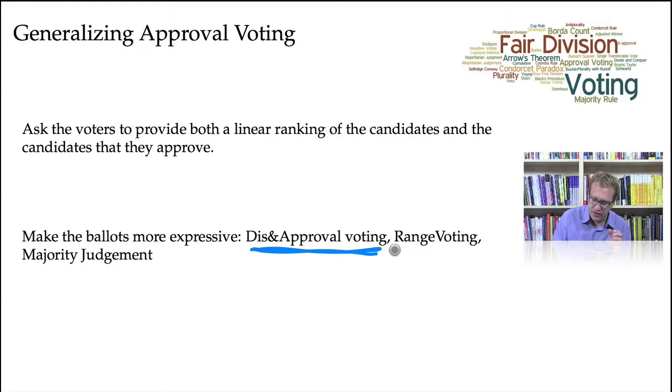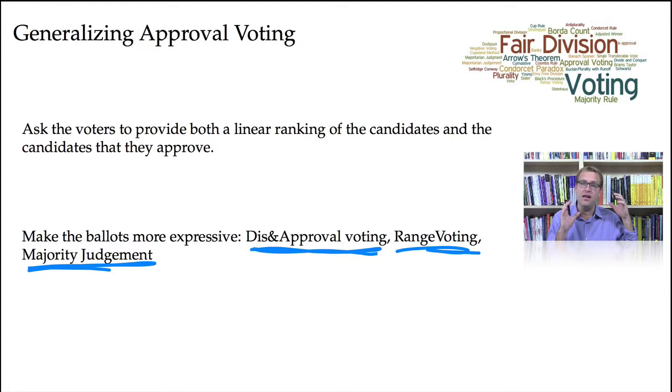There's other voting methods, namely range voting and majority judgment, that don't focus on allowing voters to express who they disapprove of, but they focus on the approval set, and they allow the voters to further specify their opinions about the candidates in that approval set.